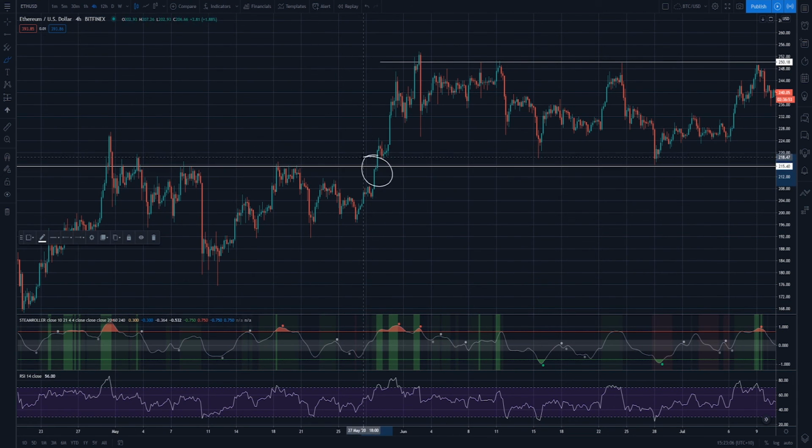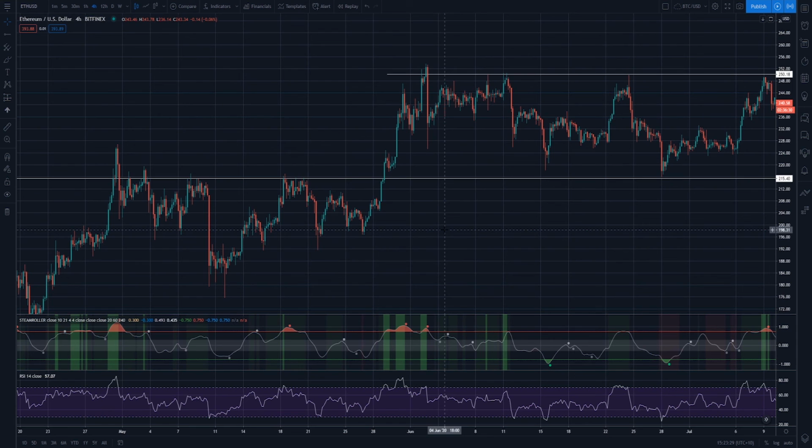Taking this for an example here, where we came up to a known resistance level where we've been rejected multiple times, but this 4th time when we came up here, the indicators were still on their uptrend and nowhere near the top of the range. So a push through this was more likely to be expected when you're looking at your indicators for confluence, if we're going to break down once more or continue up. So yeah, that's really all I wanted to add to that, but explained beautifully, bro.